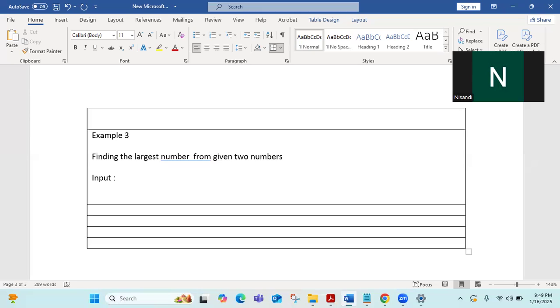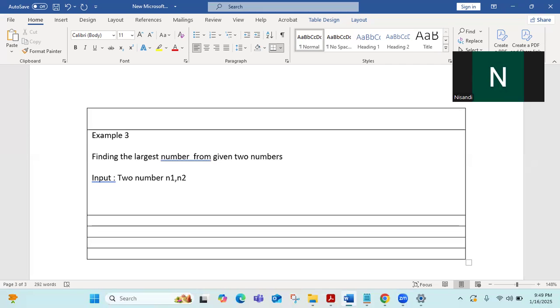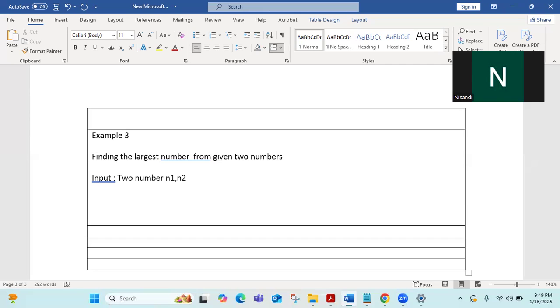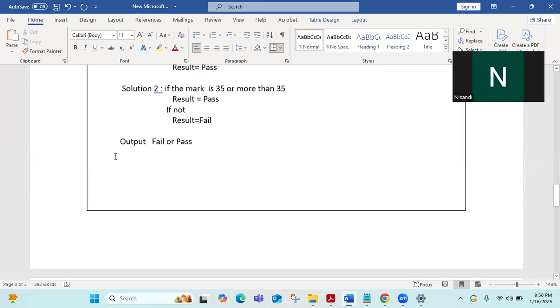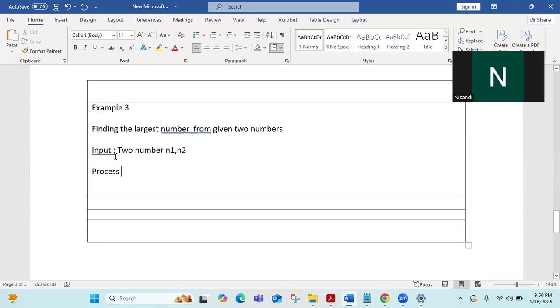So that means consider two input numbers, we'll say N1, comma N2. Then the solution is a process. So what do you do in the process? Comparing two numbers. Comparing N1, comma N2.